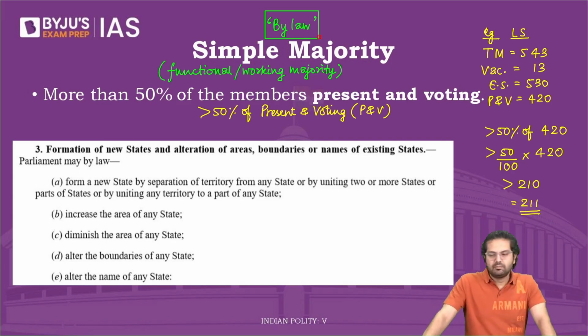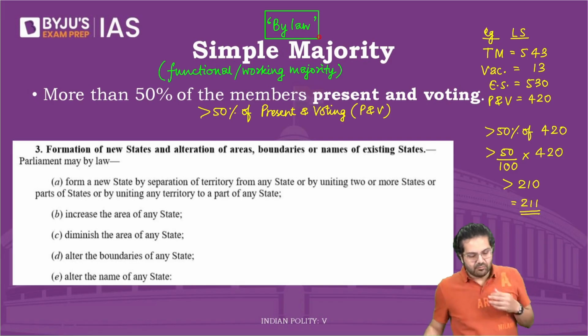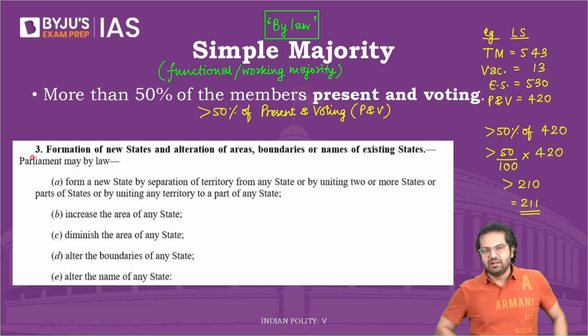Parliament by law, right? State legislature by law, Parliament may by law. Anywhere you find this word "by law," it automatically means simple majority. Okay. Now, just to show you, this is Article 3 of the Indian Constitution.